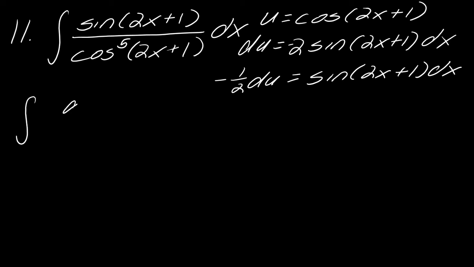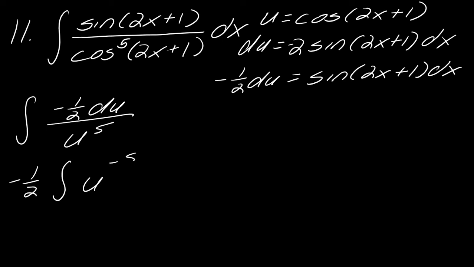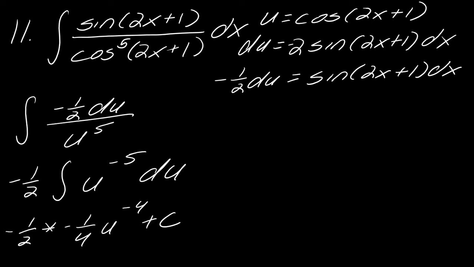And so now I can substitute all this in. So this will become negative 1/2 du over u to the 5th. If I wanted to rewrite this, I would rewrite it as negative 1/2 u to the negative 5th du, and so then this will be negative 1/2 times negative 1/4 u to the negative 4th plus c.